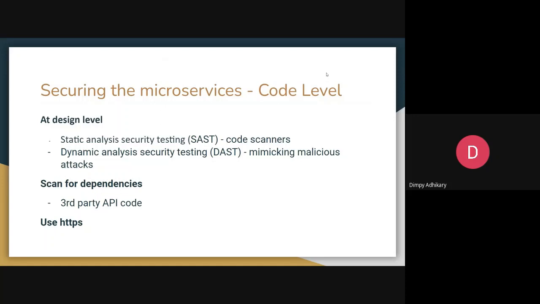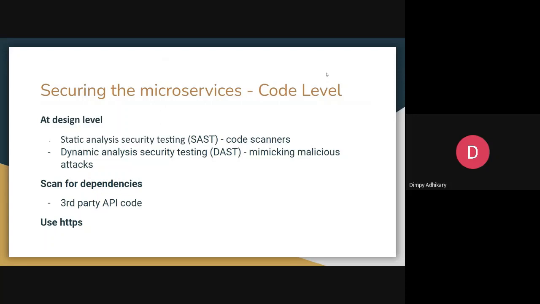You should always scan your code for potential vulnerabilities. You have to scan, generate the report and see if anything is not secure. There are static code scanners that you can use based on the programming language or tech stack you are using.